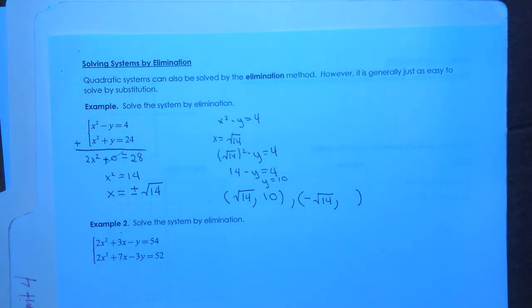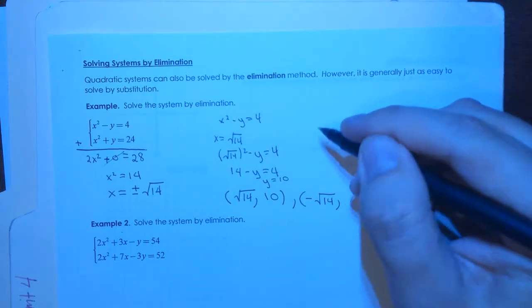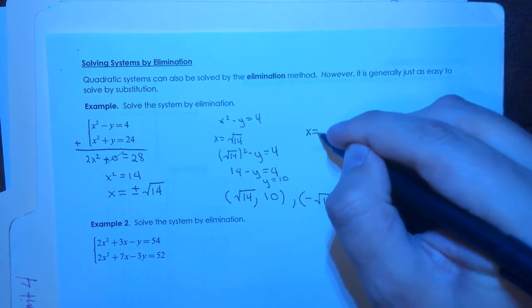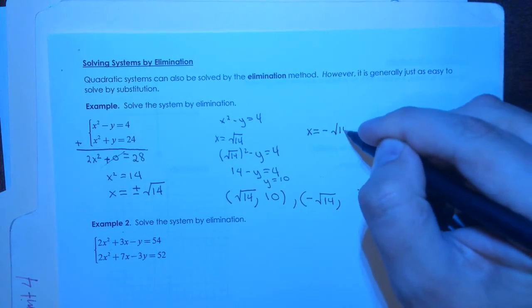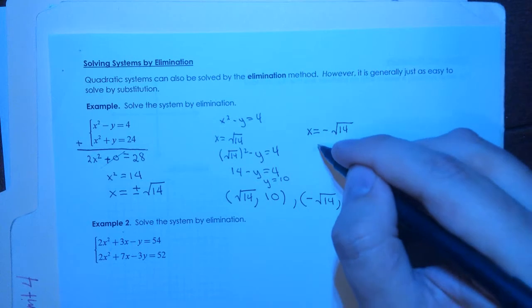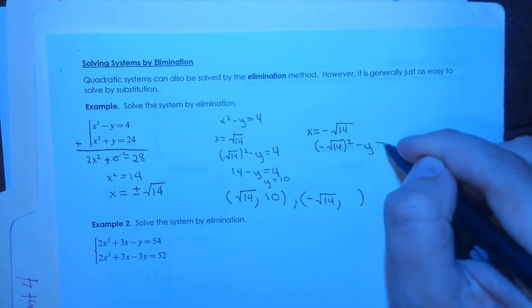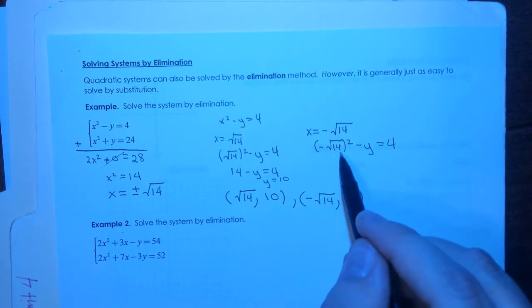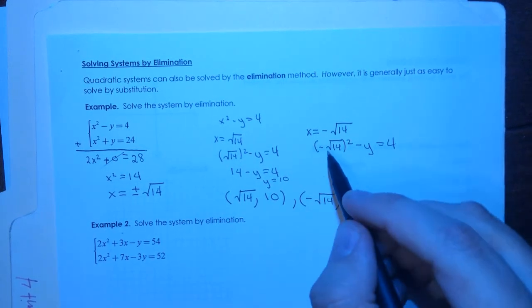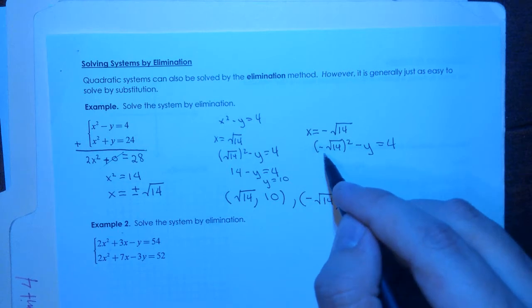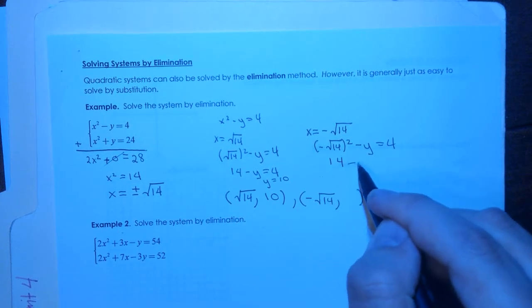How does this change if I put in the negative square root of 14? Well, you might be surprised. If I put in x is equal to the negative square root of 14, if I square a negative number, that negative will become positive, and what I will get here again is simply 14.